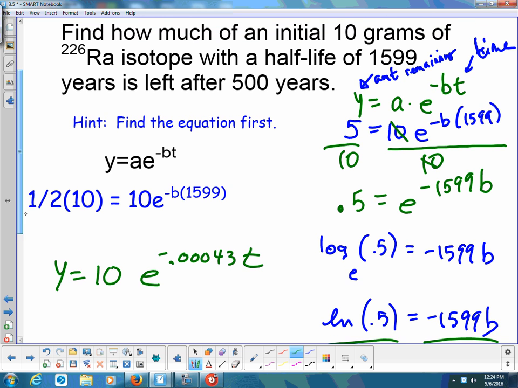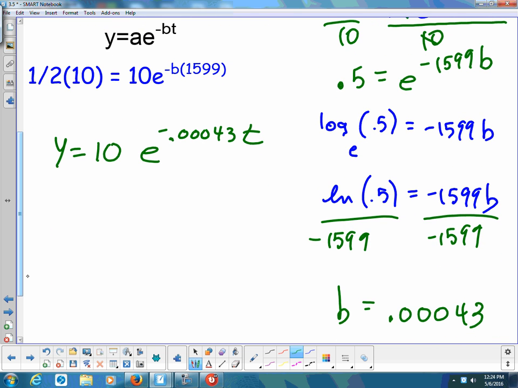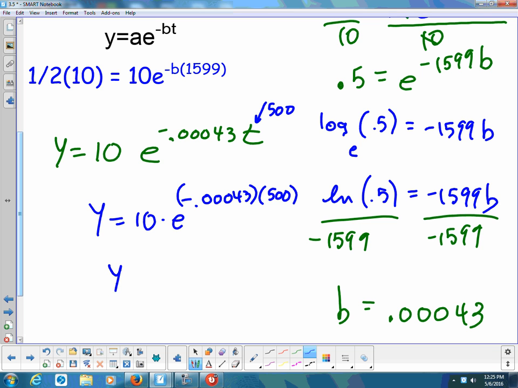Now we can answer the question that was asked: how much is going to be left after 500 years? Did you plug in 500 for t? So we get y equals 10 times e to the negative 0.00043 times 500, and you got y equals what? 8.06.